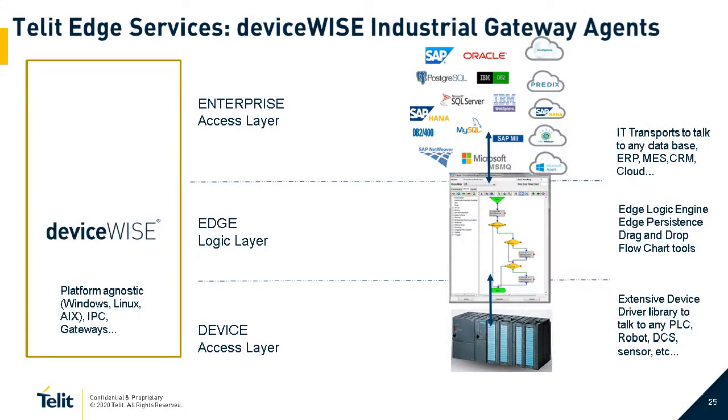And again, one final view on the Devicewise stack is a way to look at it in its layers. So there's the gateway, and again, this is a no-code environment. There's no scripting. There's drag and drop function blocks where you link your input data from the industrial controls. This is a picture of a Siemens S7300 PLC, and then you map that data to your IT system.